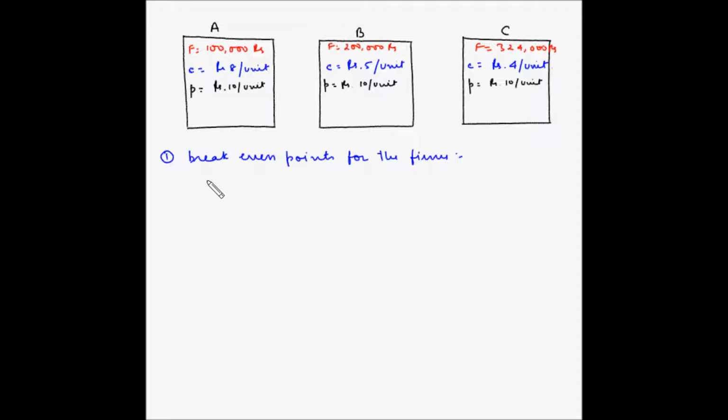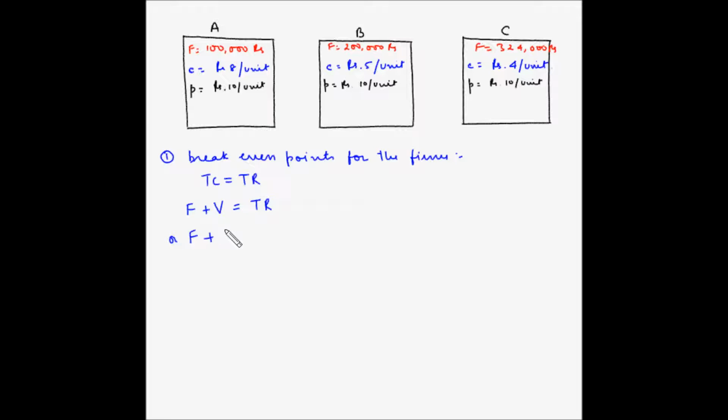Or in other terms, the total cost will be equal to the total revenue. Now total cost comprises of fixed cost and variable cost, and that should be equal to the total revenue.